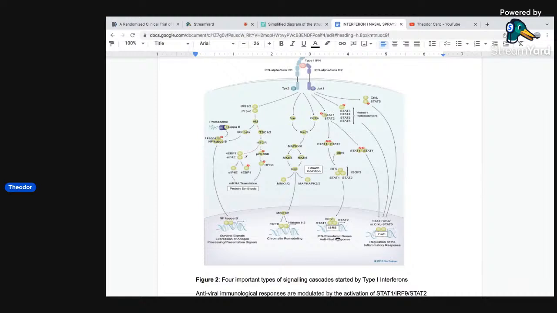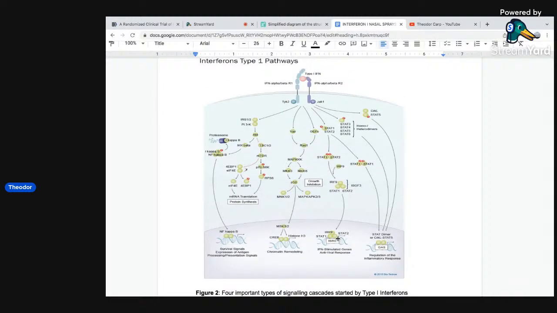And as a master student in biomedical sciences and somebody who is personally passionate about immunology and about pathology, I don't understand why there is only a little talk on the public arena about how type 1 interferons can change the game really of this current pandemic.